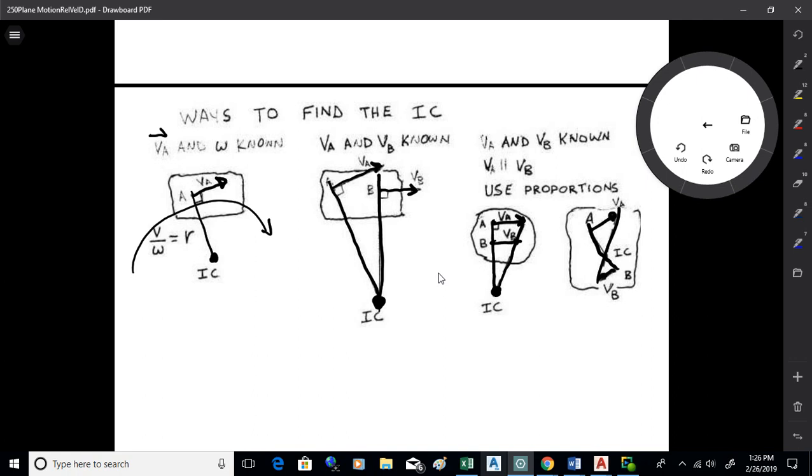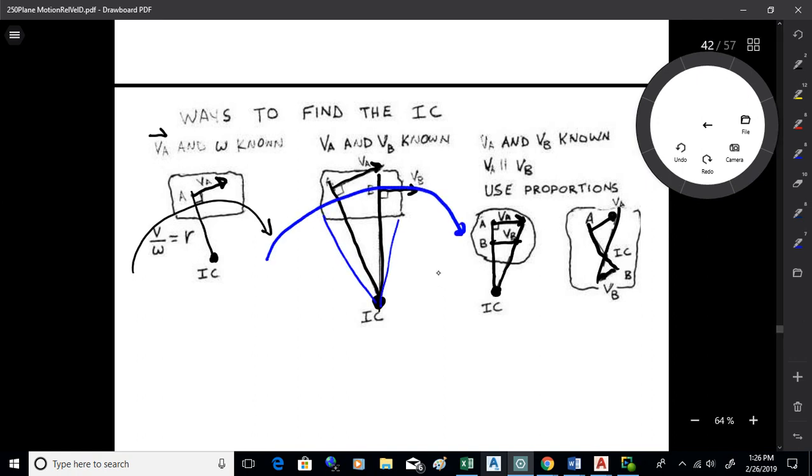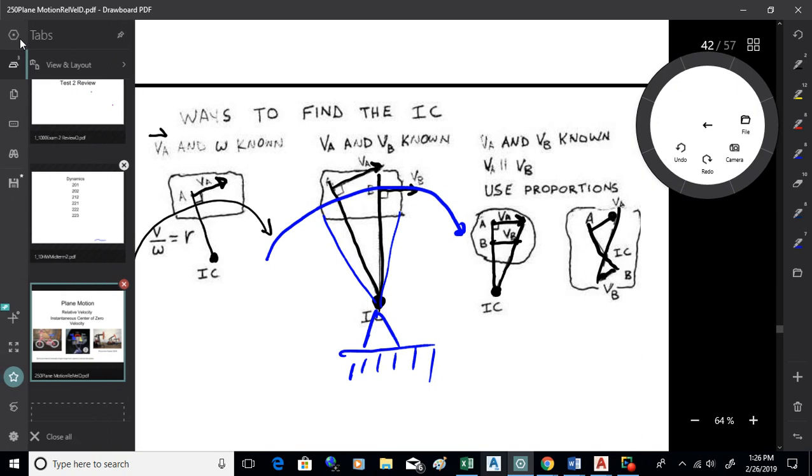It's found by finding a perpendicular to a velocity vector, and that would run through the instantaneous center. It's as though the whole object at that moment is rotating about the instantaneous center. So sometimes I think about it as being a pin joint, and my object is somehow attached to that, just at that instant, and rotating about it. So that's how I visualize this thing.